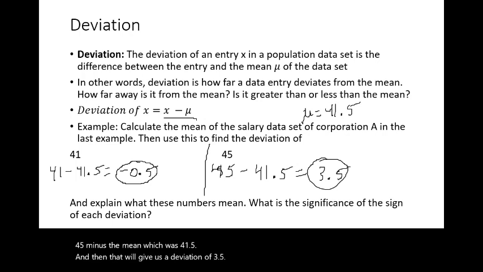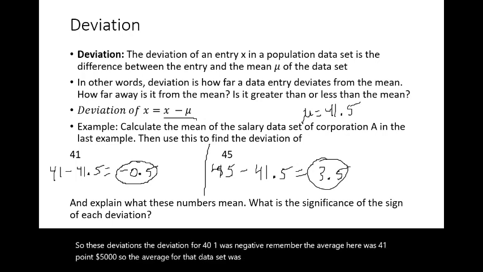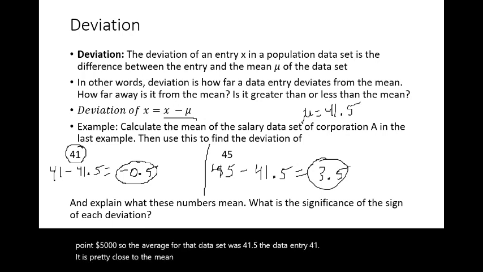The deviation for 41 was negative. Remember, the average here was $41.5 thousand. The data entry 41 is pretty close to the mean. In fact, it is $0.5 thousand less than the mean, so 41 had a really small deviation, less than 1.